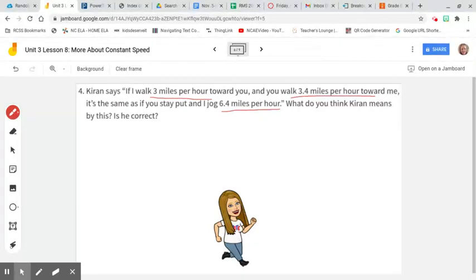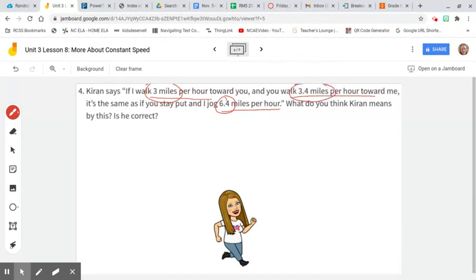So what we're looking at is a combined total of miles per hour that both Kieran and Claire are walking, which is 6.4. Because that is his 3 miles per hour and Claire's 3.4.